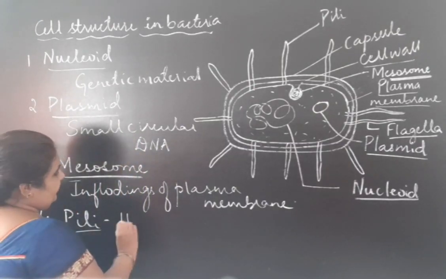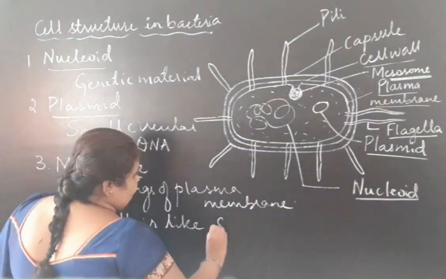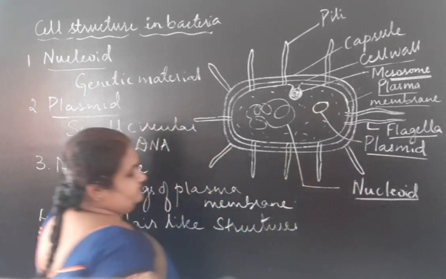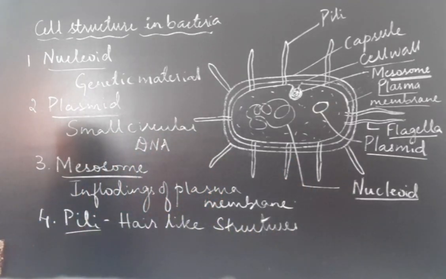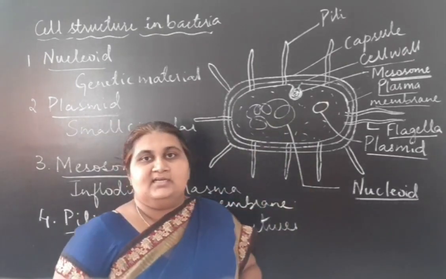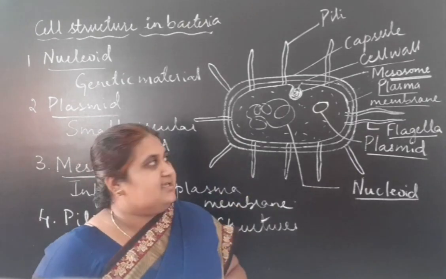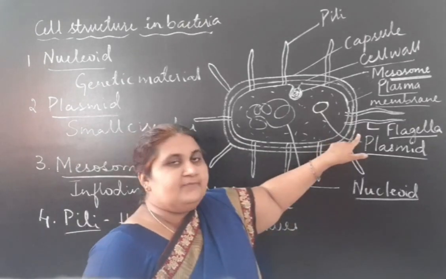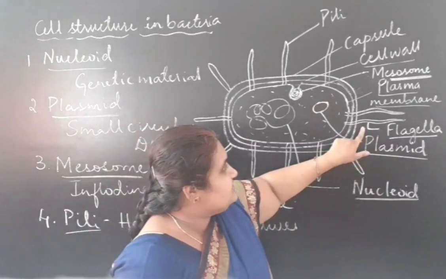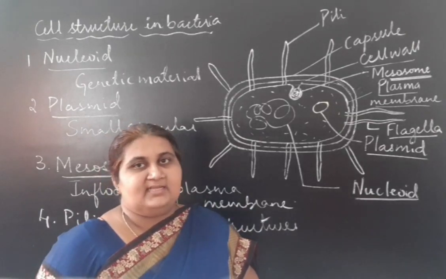Pili are hair-like structures. So these are some of the terms related to a bacterial cell. If the bacterial cells are motile, then they have the presence of flagella.